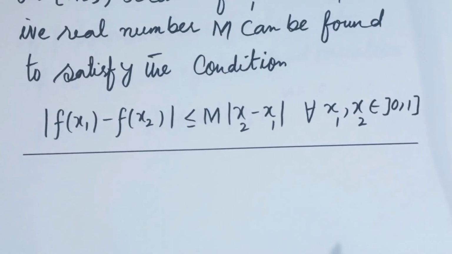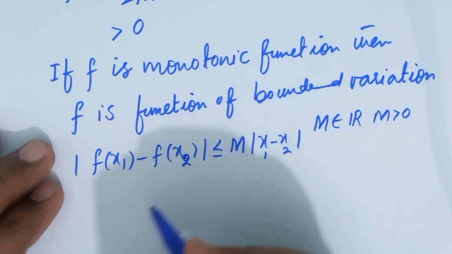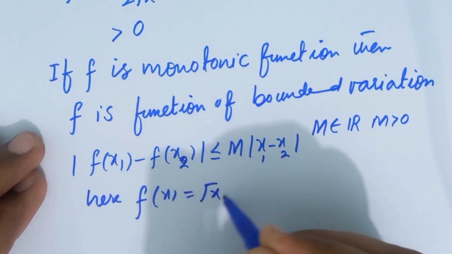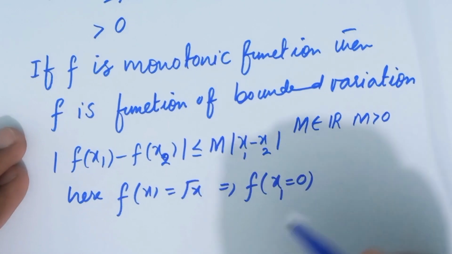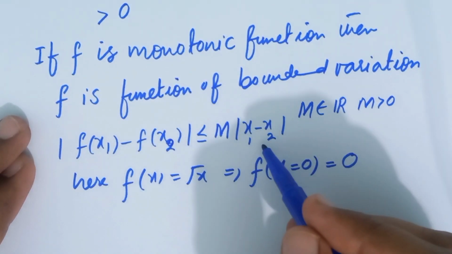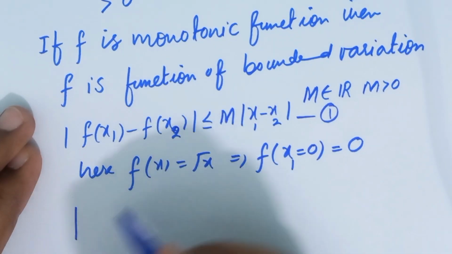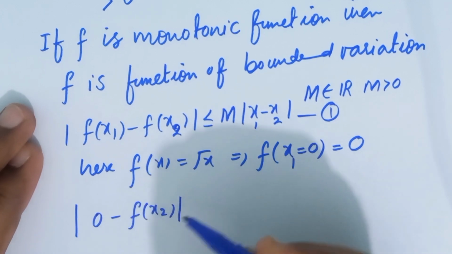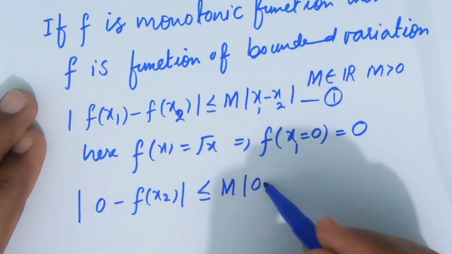That is, I want to say that, suppose here f of x is equal to square root x. This implies f of x1, that is f of 0, is equal to 0. So this Lipschitz condition will become absolute f of 0 minus f of x2 less than or equal to m times absolute 0 minus x2.